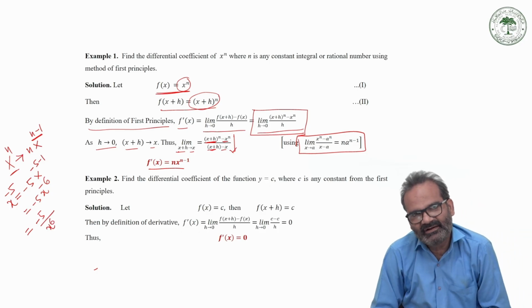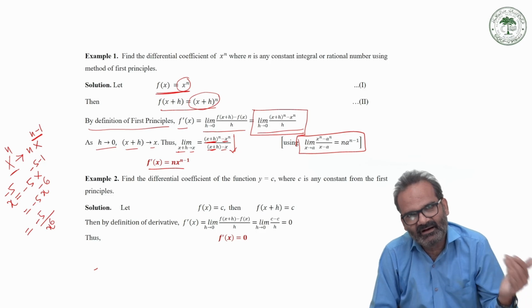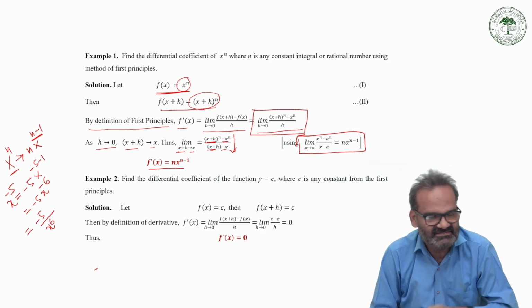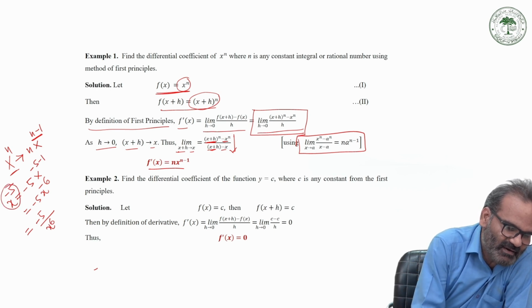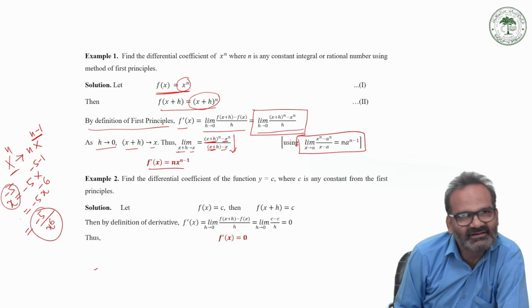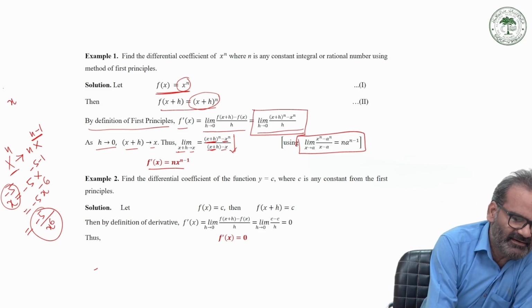If any exponent is transferred from numerator to denominator or from denominator to numerator, its sign changes. So we are transferring it from numerator to denominator. So the derivative of x raised to the power minus 5 is coming out to be this. You can take any number. For example, if I take x is equal to 3 by 2, take a fraction.